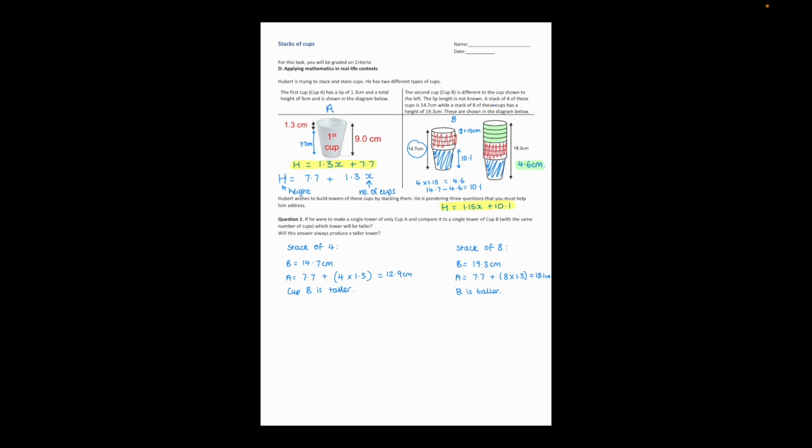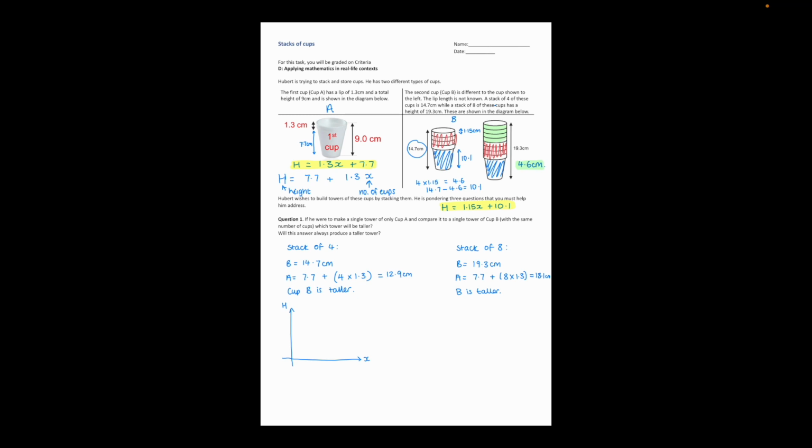So I want to know at what point might they be the same height, because we know that they're going to be different. We know that they're going to intersect because the gradient is different. So if I think about the graph here, so I've got x, the number of cups, and the height of each stack, then the first one is a gradient of 1.3 and it goes through 7.7.